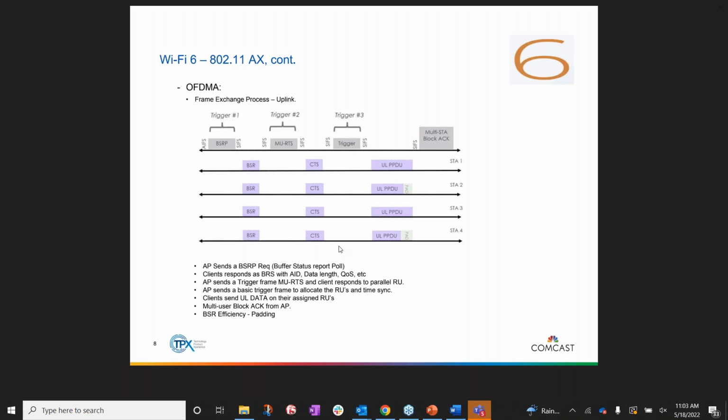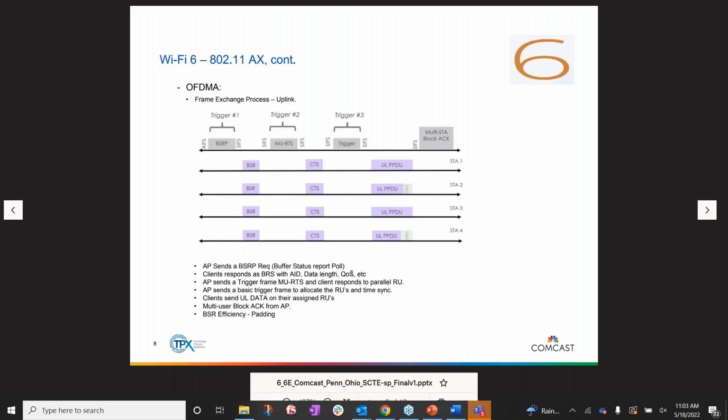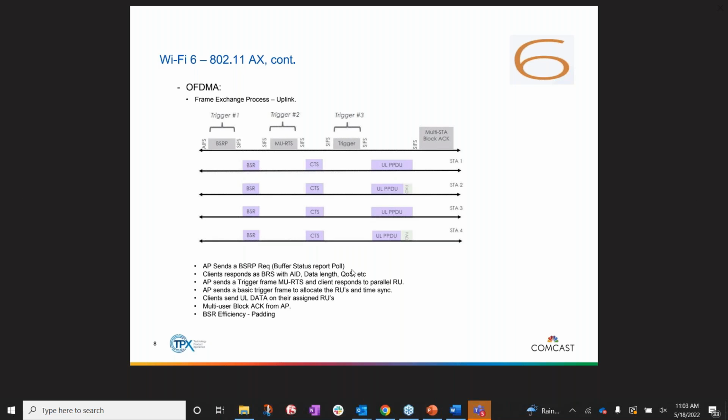To that end, first it will try to know the buffer depth, or how much data is in queue at the client side. For that, it will initiate a trigger frame called the BSRP. It stands for Buffer Status Report Poll, and it will ask the client how much data is available at its end.